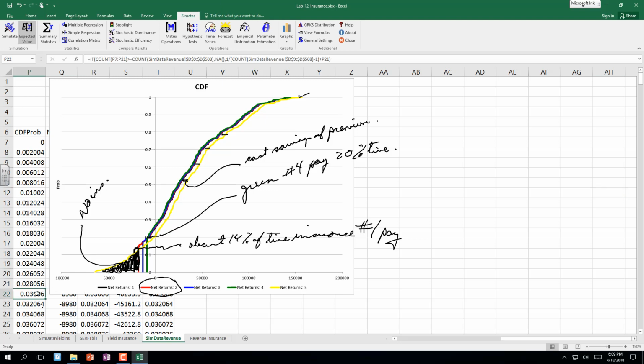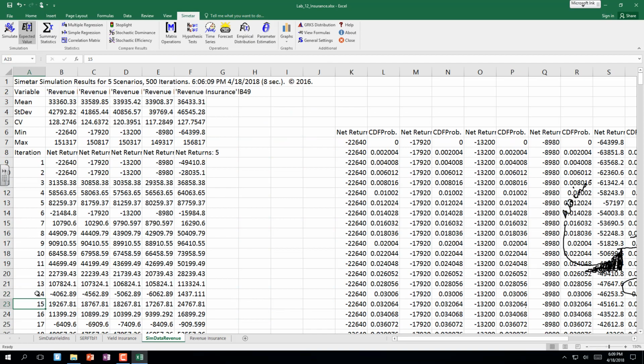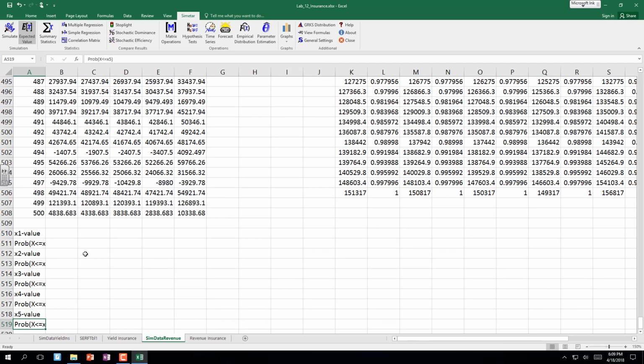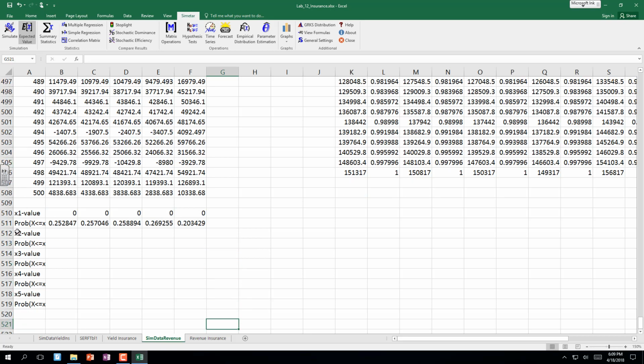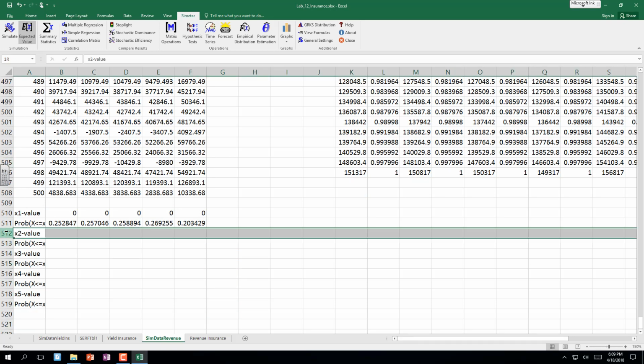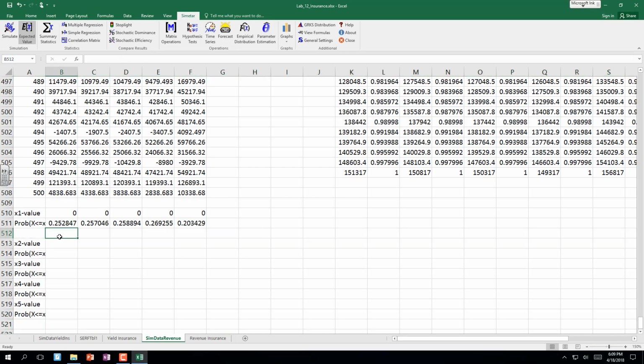The other thing we can say about this is if we come all the way to the bottom and take advantage of these formulas that are embedded in here, okay, it will tell you the probability that these policies pay off. Okay. I want to insert a line there so I can actually talk about this. This is equal to 1 minus that probability there.